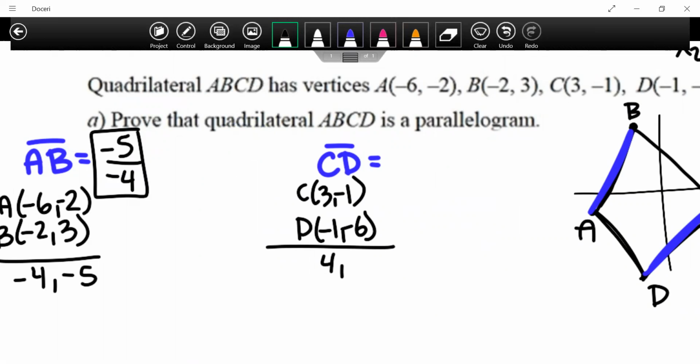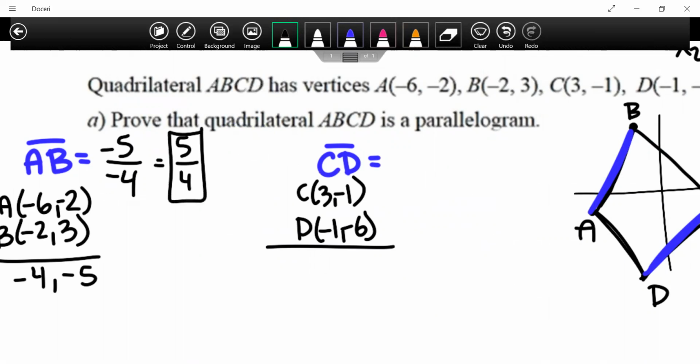Let me go back. We have to simplify this a little bit more. This is going to give us 5 over 4, sorry, we have to make it positive. CD is going to be +4 and +5. Again, we're going to have 5 over 4.